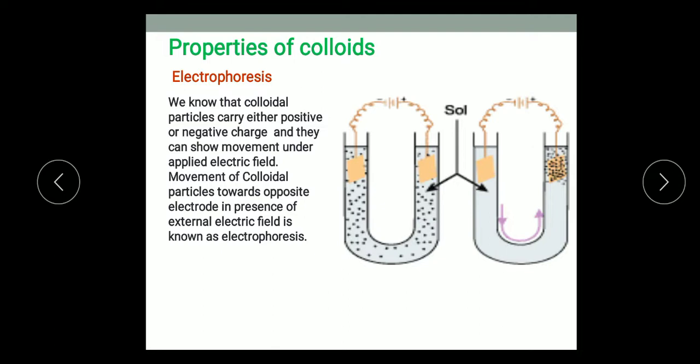If it carries a positive charge, it will move towards the negative plate, the cathode, and when it reaches that electrode, its charge gets discharged. Because the charge is removed, the particles have a force of attraction and get coagulated. So by this we can also cause coagulation of colloids.